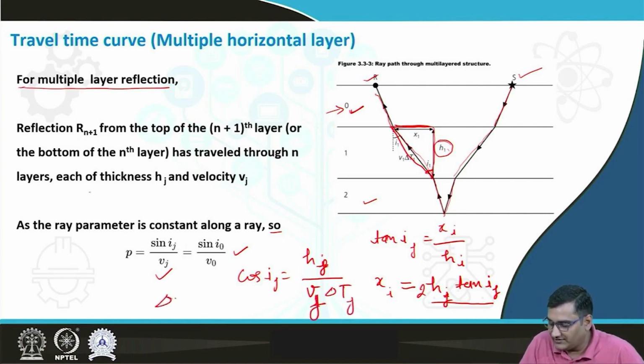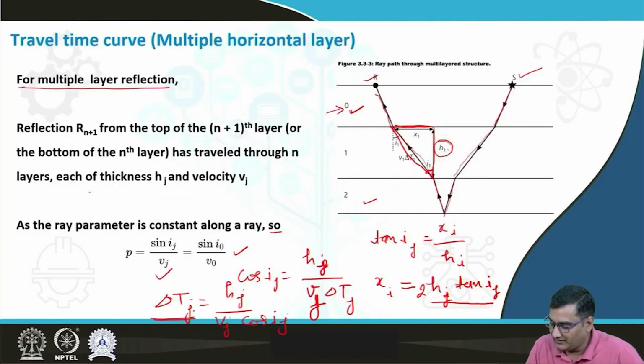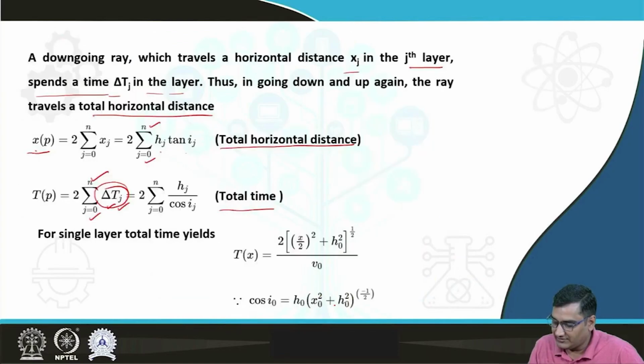So delta tj will be equal to hj by vj cos ij. So this is what is written here, and this is the time that you can calculate. So it is 2 into hj by cos ij, and it should be multiplied by vj as well here. Okay, this will be your total time.